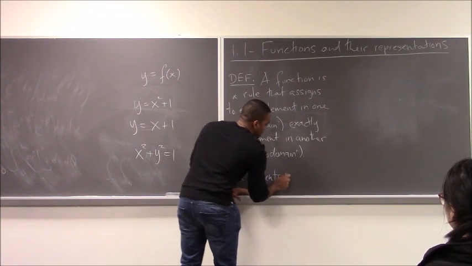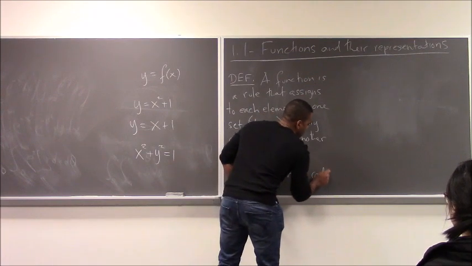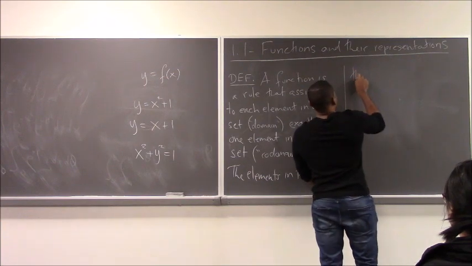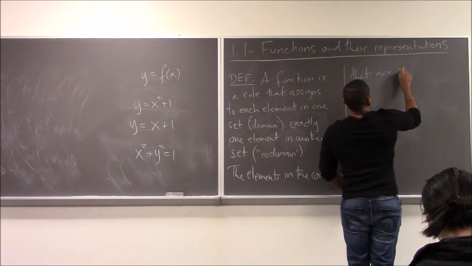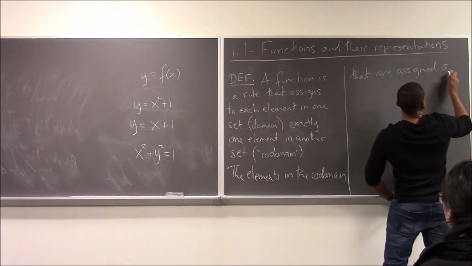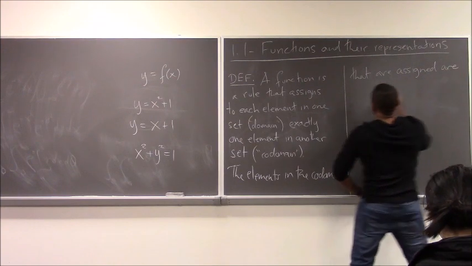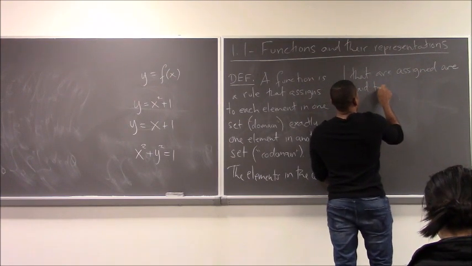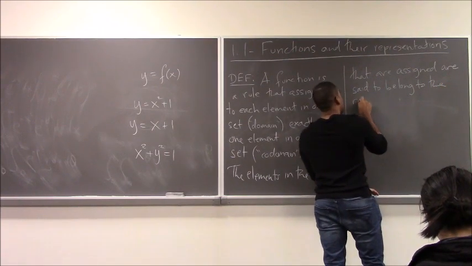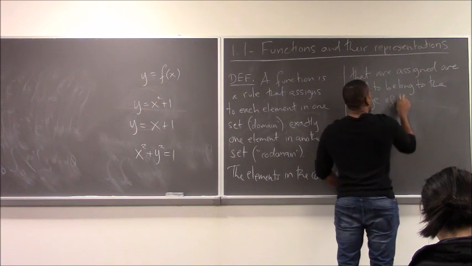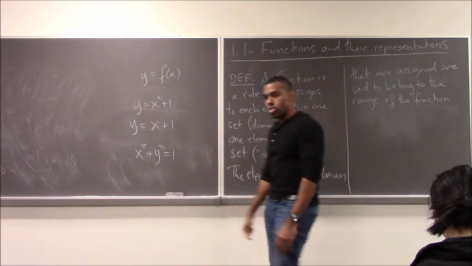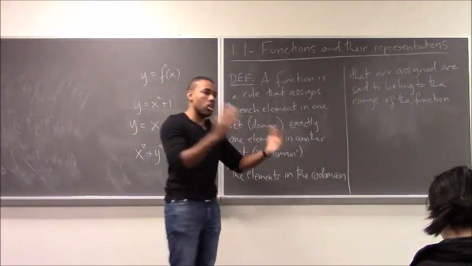The elements in the codomain that are assigned are said to belong to the range of a function. Right? So a function is just a rule that assigns elements in one group to elements in the other group.